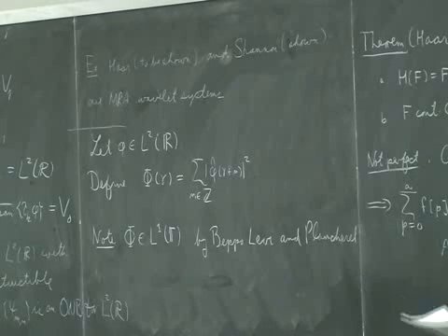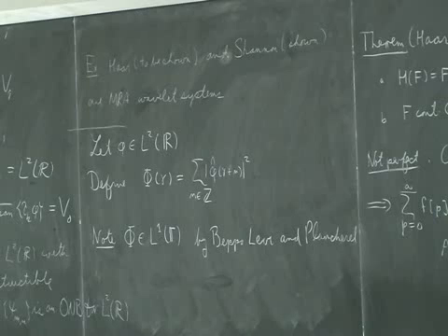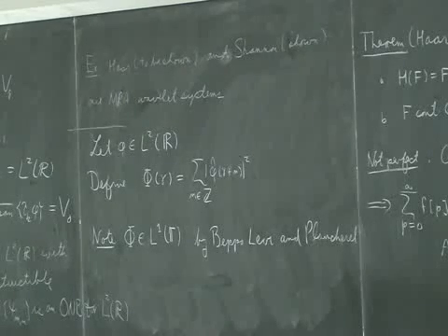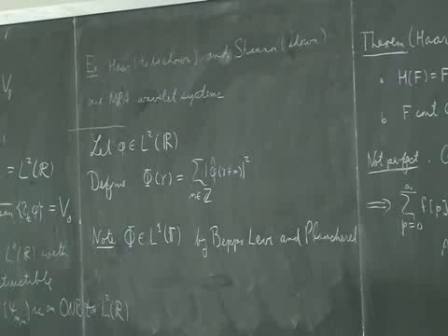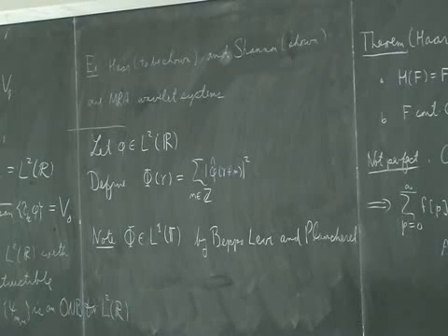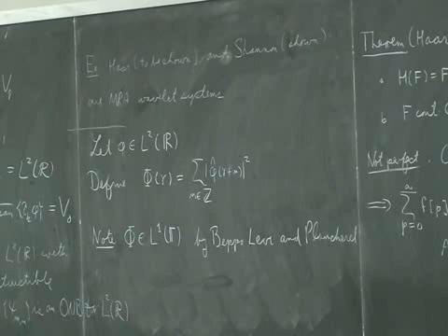What's Beppo Levi? Beppo Levi was an Italian mathematician, that's his full name. And he emigrated to Argentina. He was a professor in Argentina for a lot of his senior years in Rosario, in Argentina.